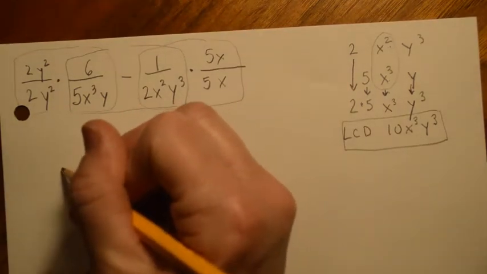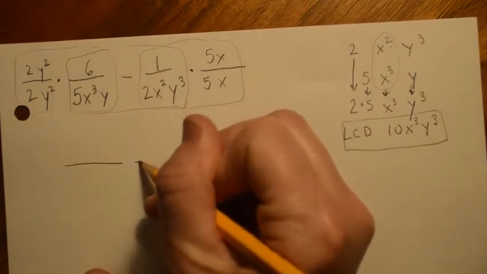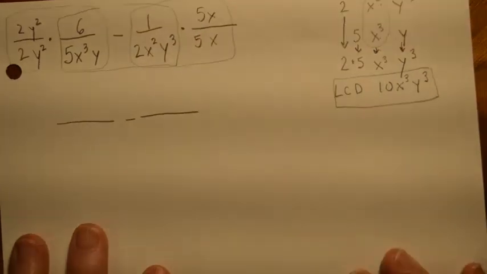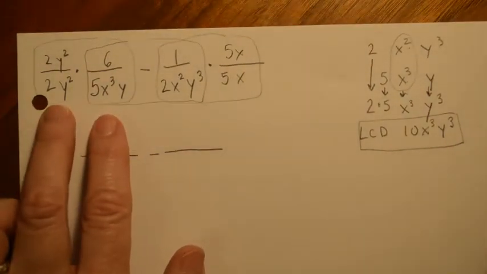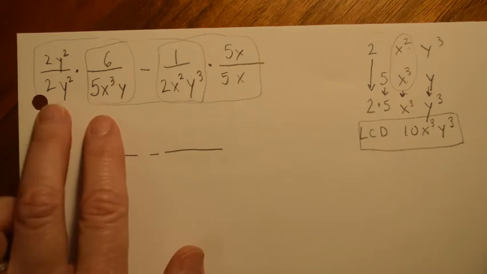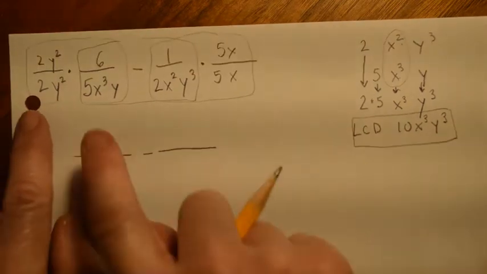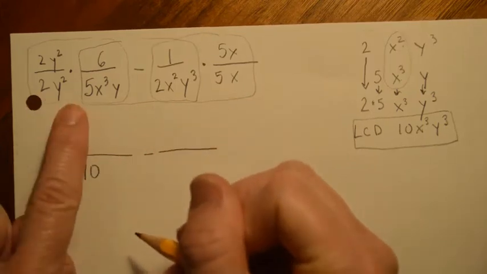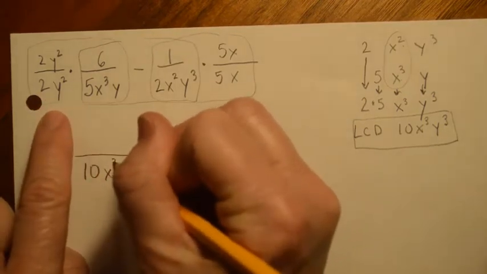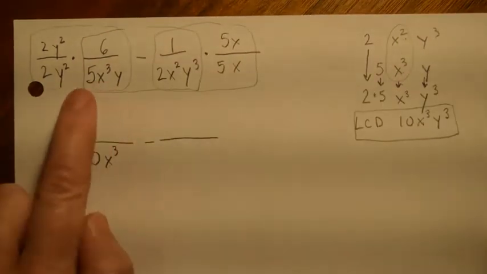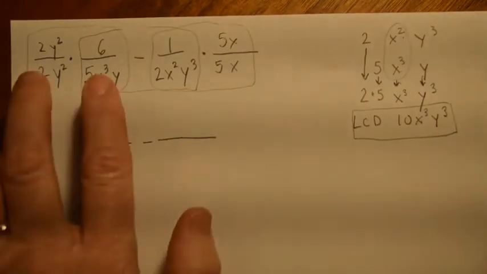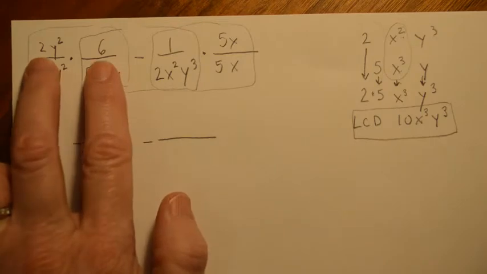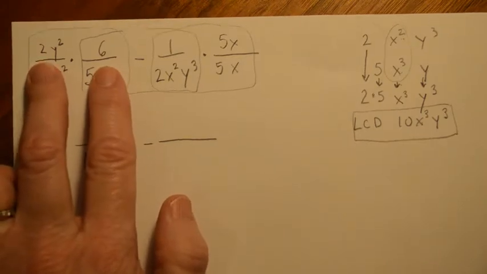All right, so let's write the denominator and numerator of each fraction now. When I multiply these two together, if I've done my job well, then I should end up with that LCD. So 5 times 2 is 10. There are no x's to multiply together, so this is x cubed, and then y squared times y gives me y cubed. Now let's do the top. So I've got 2y squared times 6.